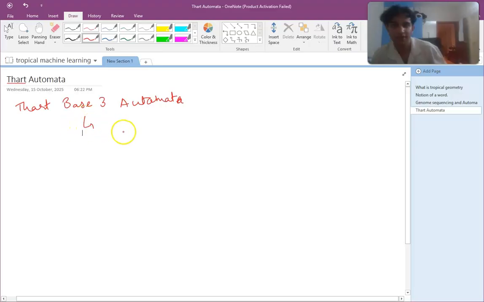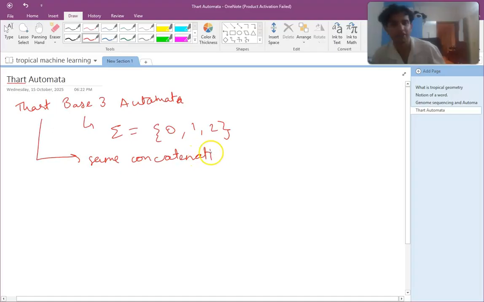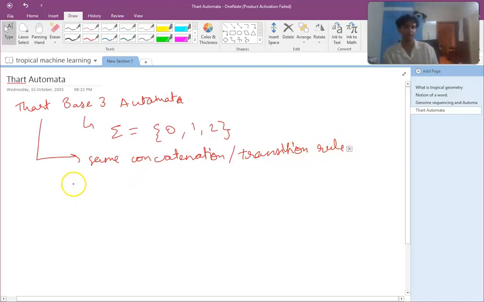So in base 3, my alphabet sigma is defined by the letters 0, 1, 2. And by third, we mean that we have the same concatenation or transition rule. So we're using the same rule as before, and it's an automata.